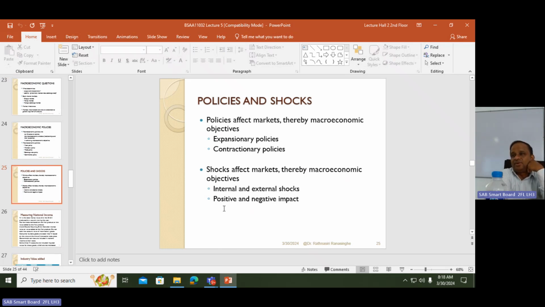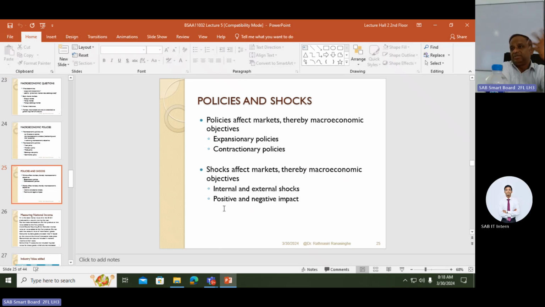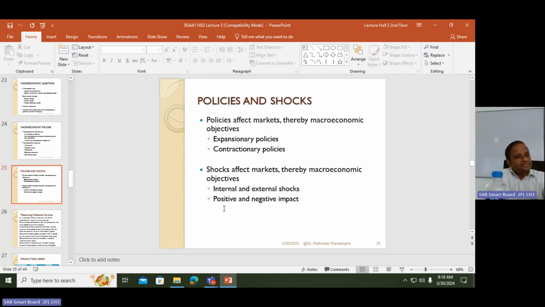If we take the tsunami case, there was a positive effect also, since we received more and more donations and other foreign aid. So like that, we can identify the policies and the shocks.